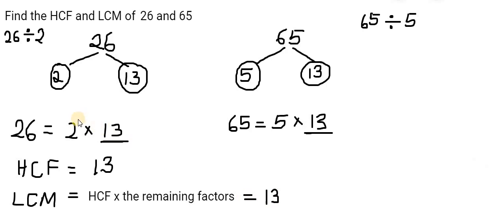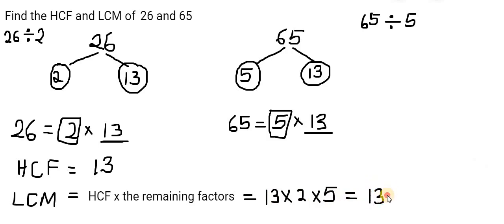Now the remaining factors that need to be boxed up are 2 for 26 and 5 from 65. So we go times 2 and times 5. So 13 times 2, that's 26, times 5, that's 130.